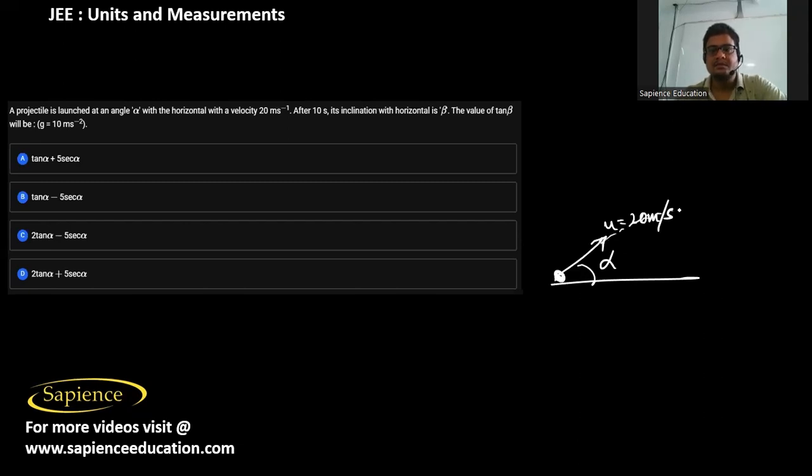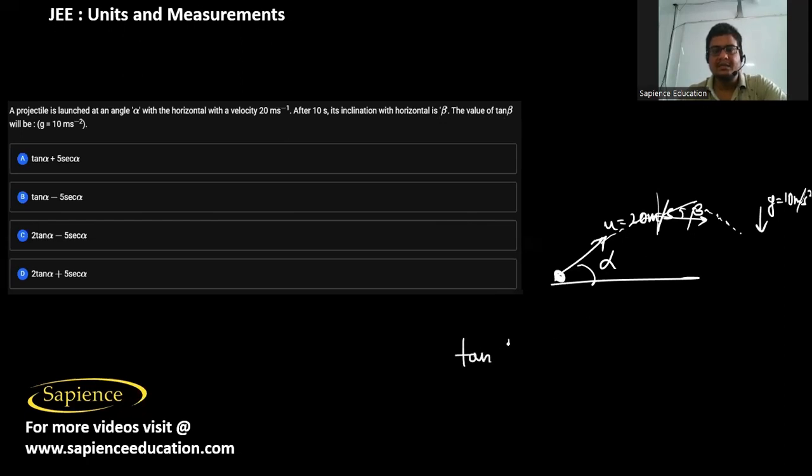The value of tan beta will be, so g is 10 meters per second square.